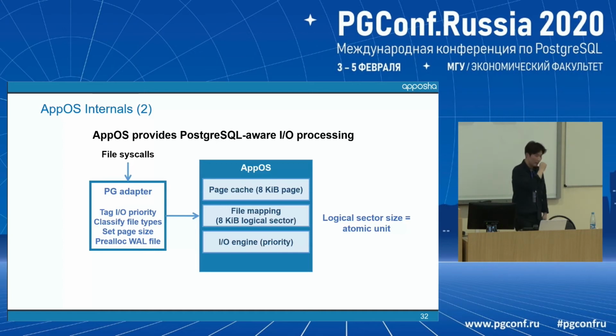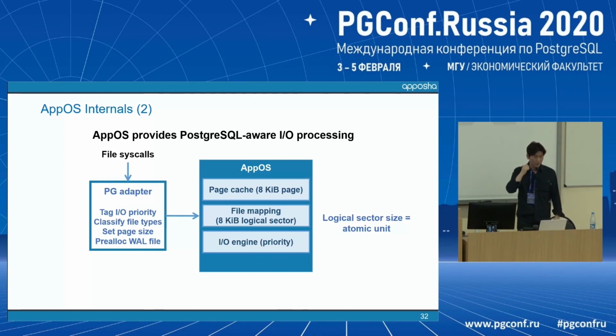So the next part is PostgreSQL-aware I/O processing. When file-related system calls are issued, they are intercepted and directed to the PostgreSQL adapter, which takes the I/O priority, classifies file types, and matches the page size to the PostgreSQL page size, which is 8 kilobytes by default, right?